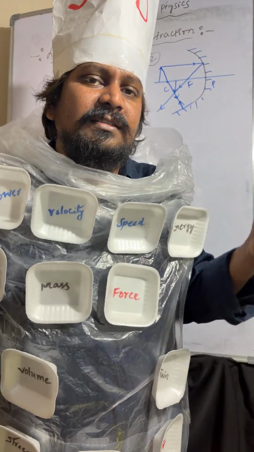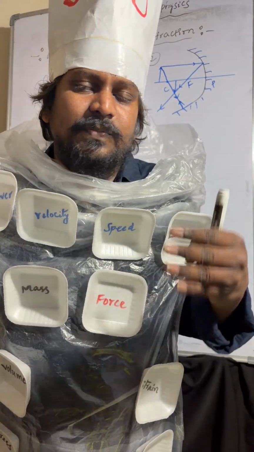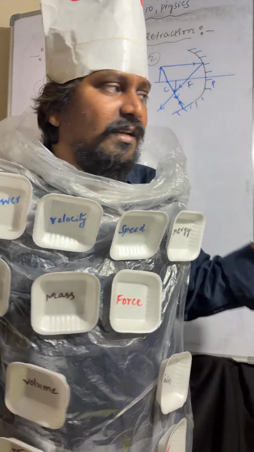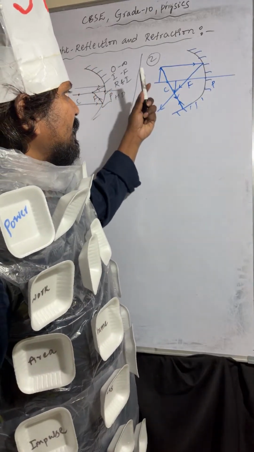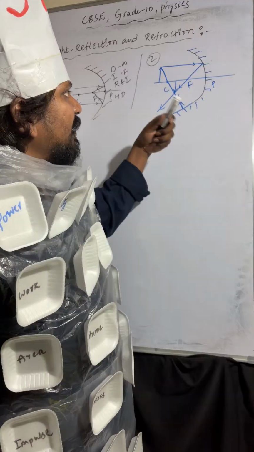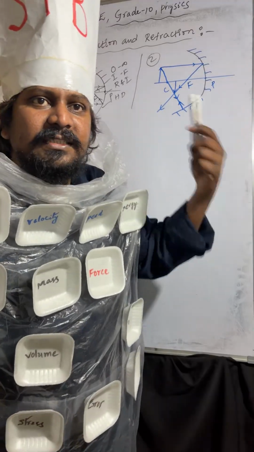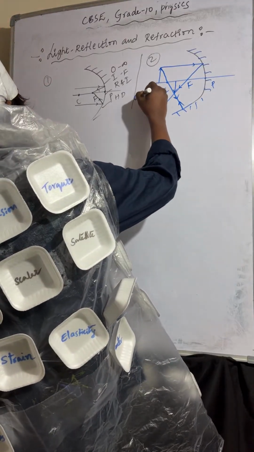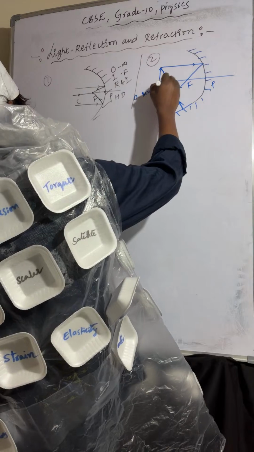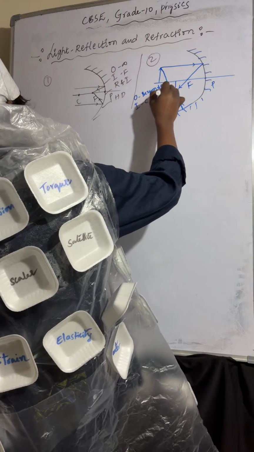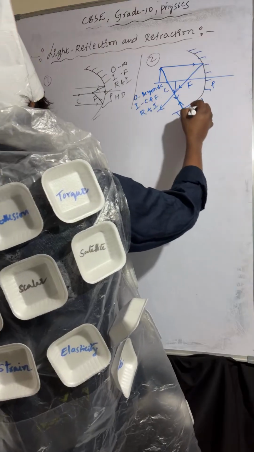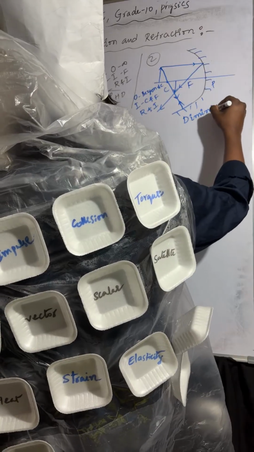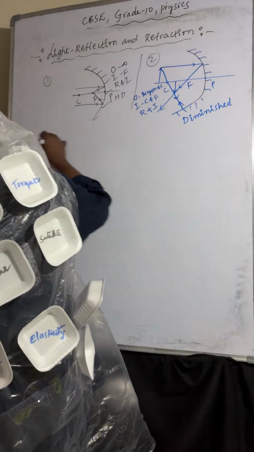So, object is placed beyond center of curvature, image will form between C and F, nature of the image is real and inverted, and size of the image is diminished. Understood? That is the second one.